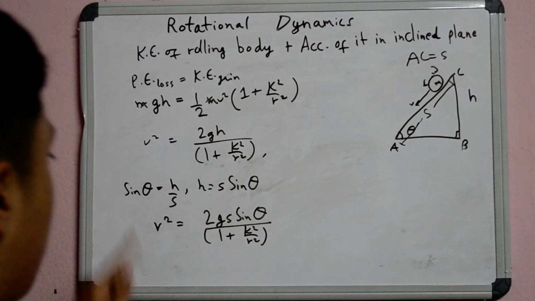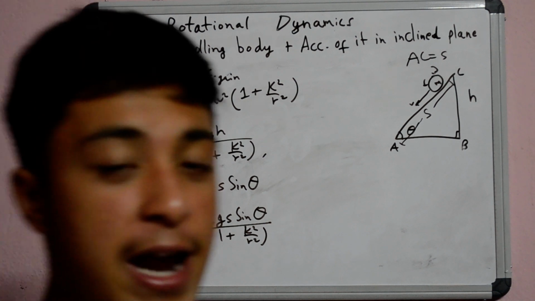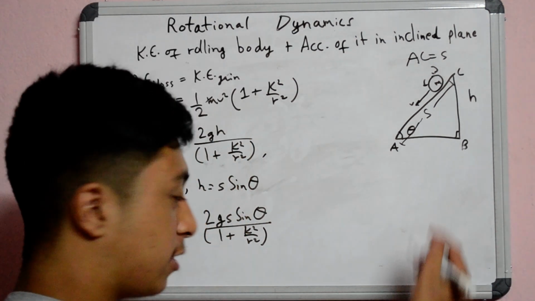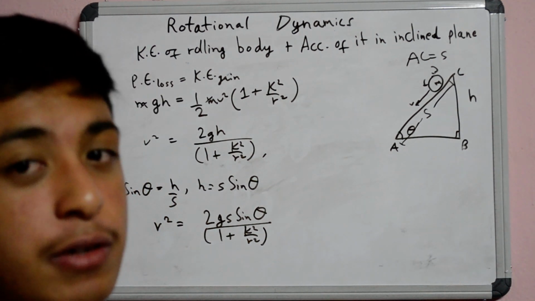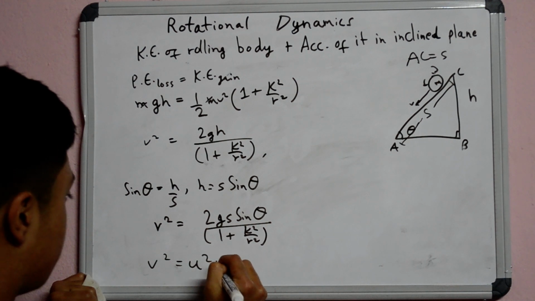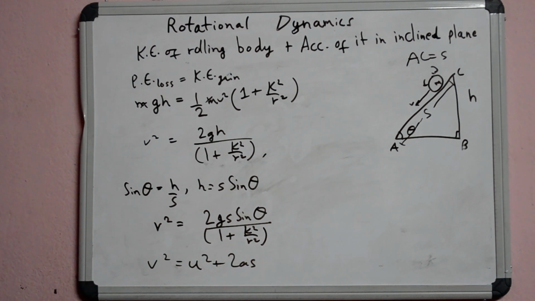Now let's solve for v². Do you remember any equation of motion having v² and possibly acceleration as well? There is one: v² equals u² plus 2as.